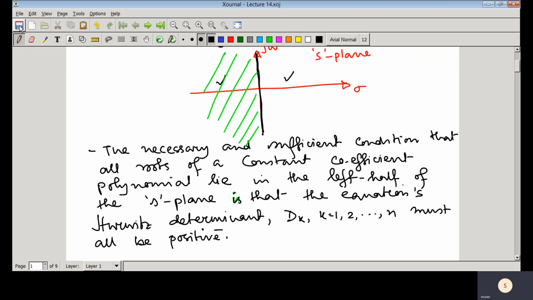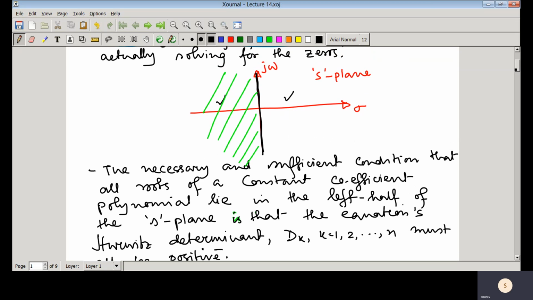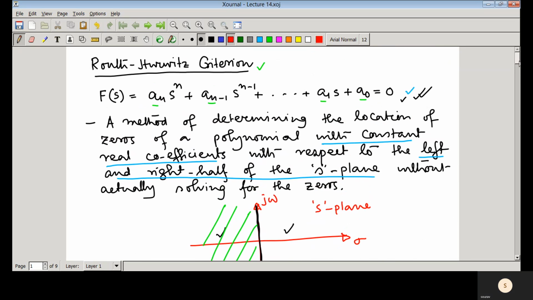So Hurwitz proposed one criterion, the necessary and sufficient condition, which is very important. Whenever a characteristic polynomial is given, we need to judge whether the roots of this characteristic polynomial are in the left half of the S-plane or not, because for stability all the roots should be in the left half of the S-plane.